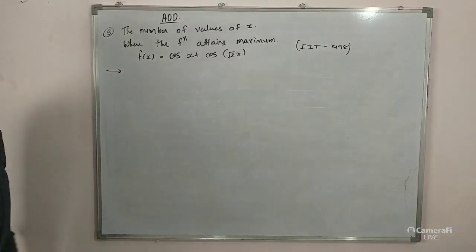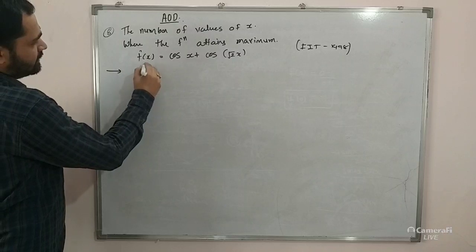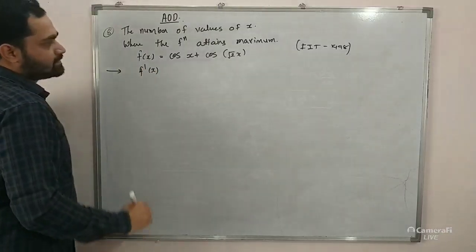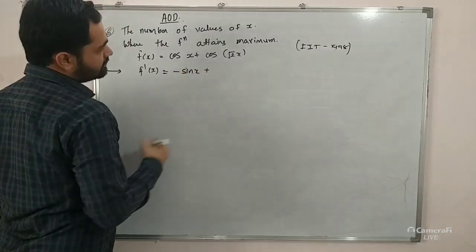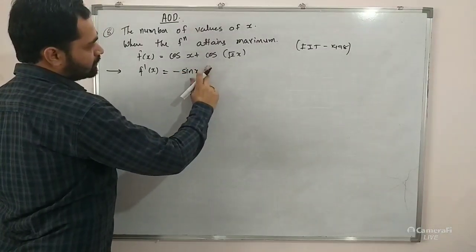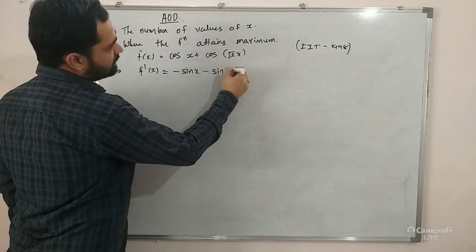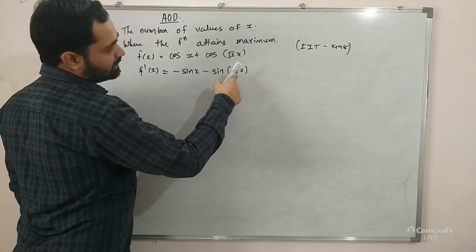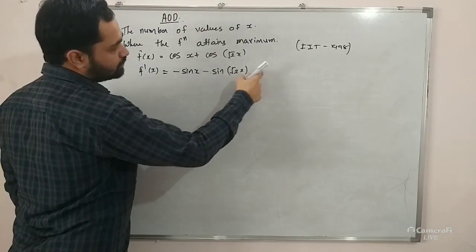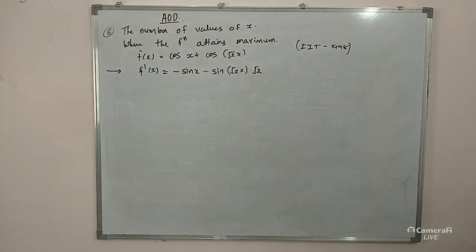For finding the number of maximum points or minimum points, we must differentiate the function with respect to x. F dash of x is equal to minus sin x plus the derivative of cos, which is also minus, so minus sin root 2x into, by the chain rule, the derivative of root 2x, which is root 2, right?